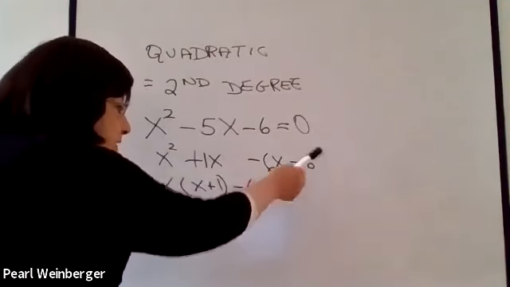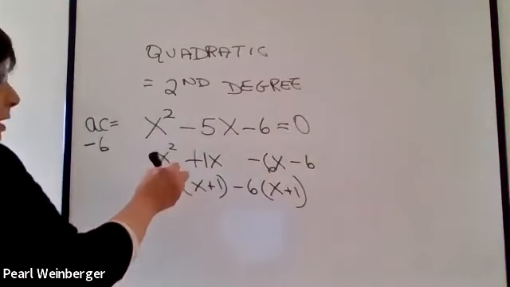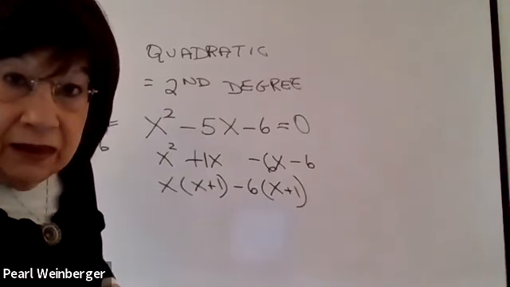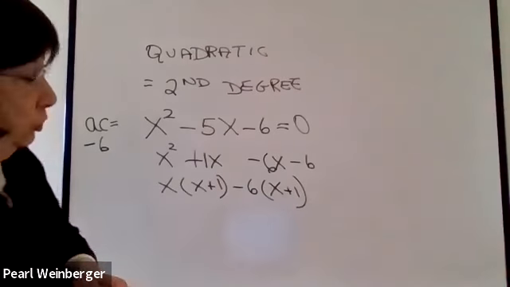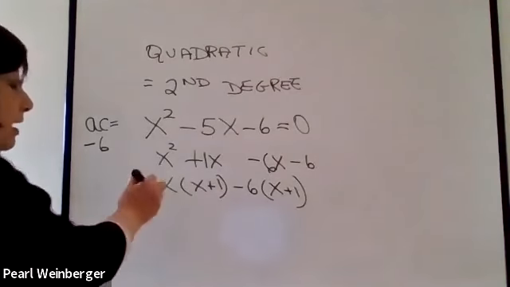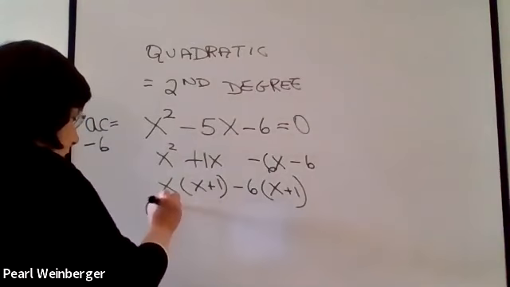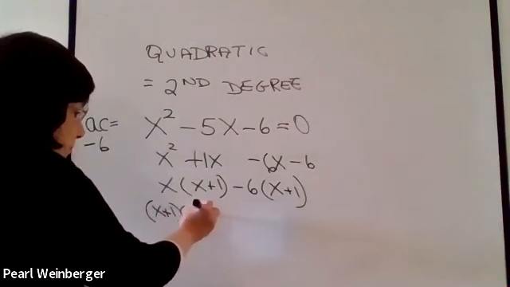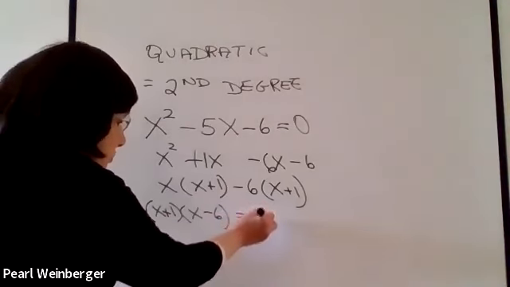Negative 6 into negative 6 is plus 1. So therefore, I now have to put the x plus 1 in the front, and in the second parentheses, we get x minus 6. And of course, this was equal to 0.